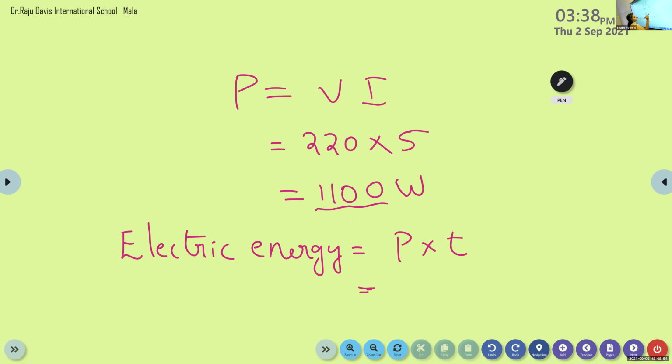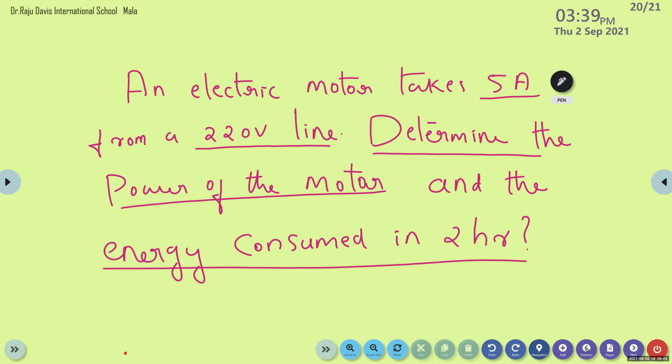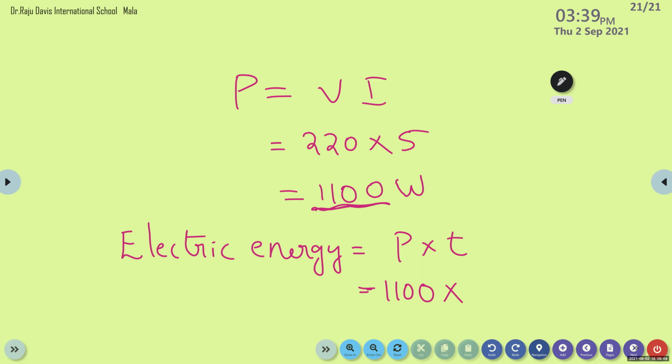Power is already calculated, 1100 into time. What is time? 2 hours. You can substitute the 2 directly. So 1100 into 2, that is 11 into 2, 22, 00. So 2200 watt hour of electric energy.